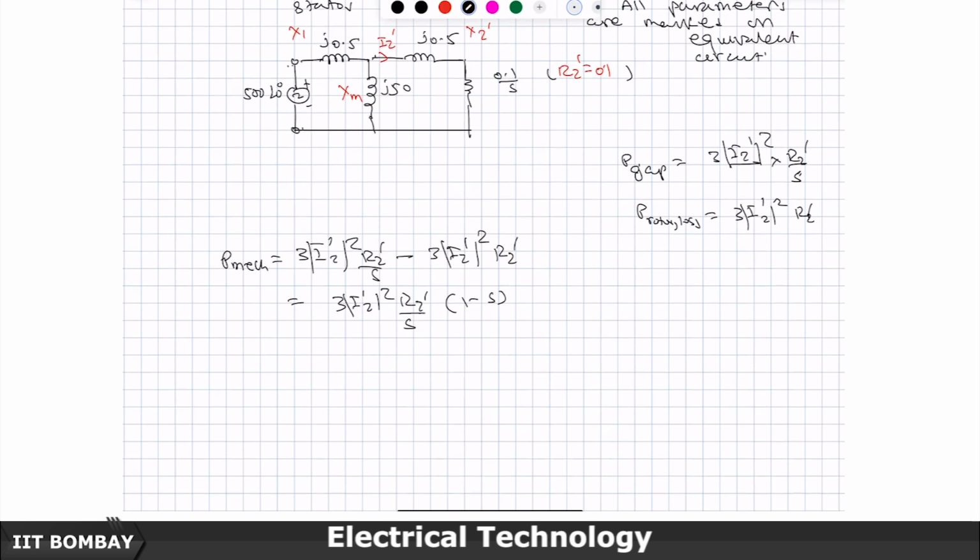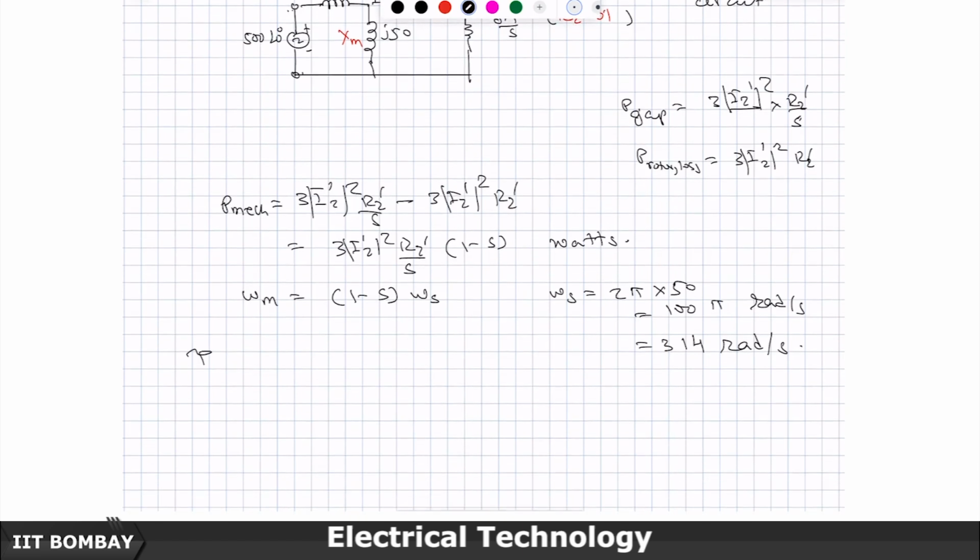In all the calculations that we are going to do today, this I2 dash calculation is going to be very important, because we will have to calculate this mechanical power, and we know that the mechanical speed is 1 minus S times the synchronous speed. For a 2-pole machine working at 50 hertz, this is 100 pi radians per second, roughly 314 radians per second.